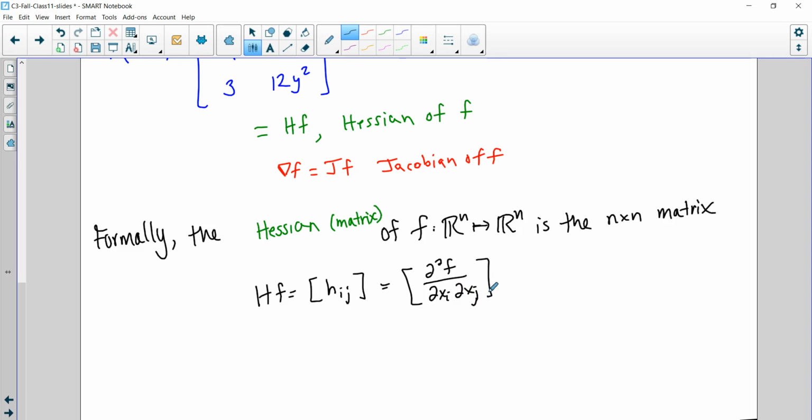Okay, so the reason I got a 2 by 2 matrix above is because I had two variables. So it makes sense to say that if I have more variables, it's going to be larger. Generally, though, if you have n inputs, you're going to get n outputs. Okay.